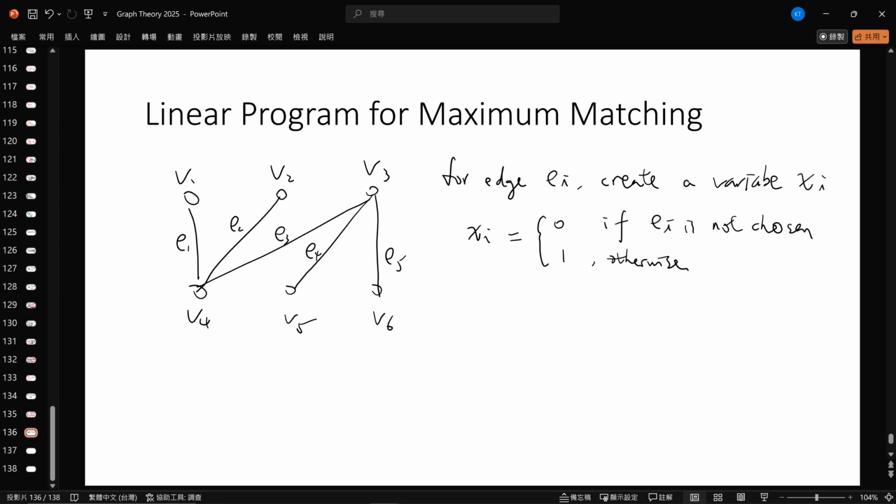So these are our variables. The next step, after we have defined the variables, would be to decide the objective function. Because this is a maximization problem, you want to maximize the number of edges, so intuitively it should be to maximize some objective function.